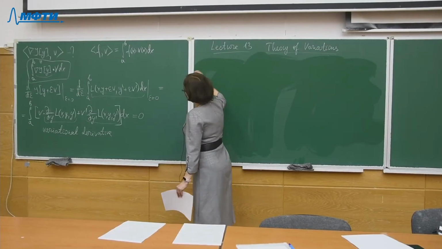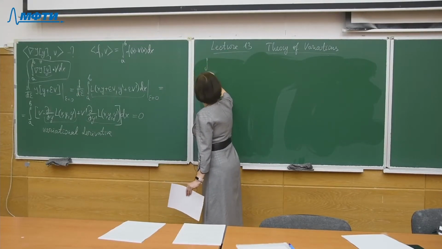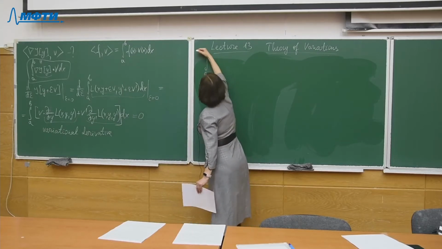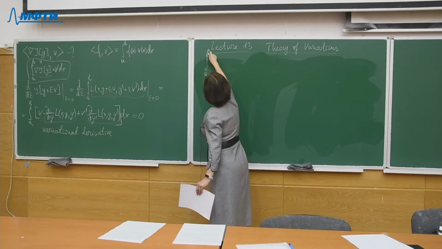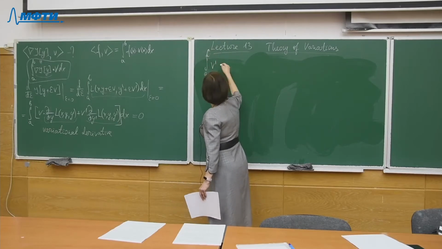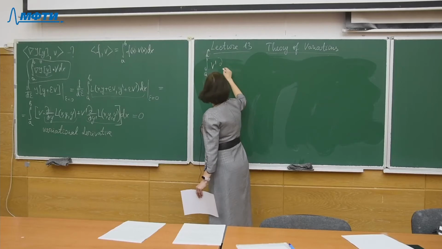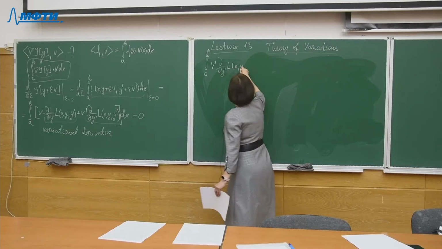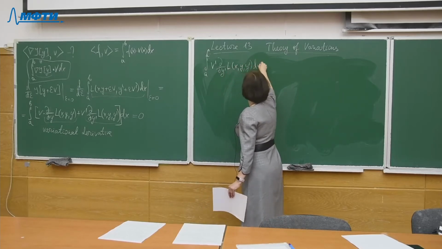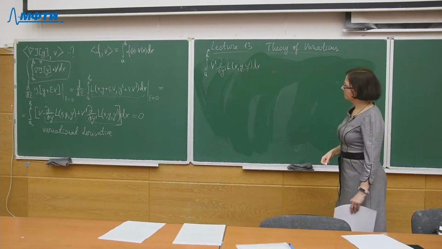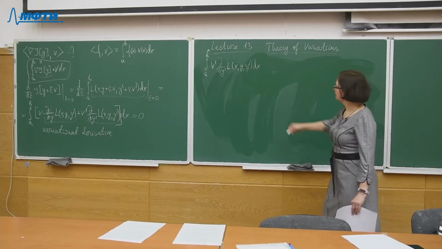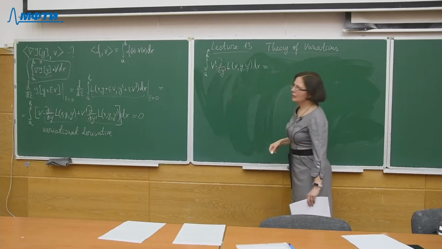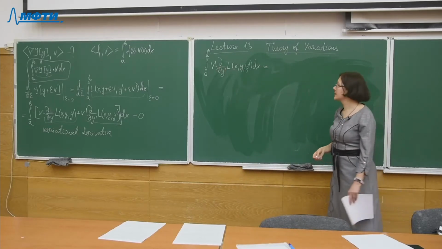Now let's consider the second part of this formula, the integral from a to b of v prime times d over dy prime of L of x, y and y prime dx. I want to use integration by parts.